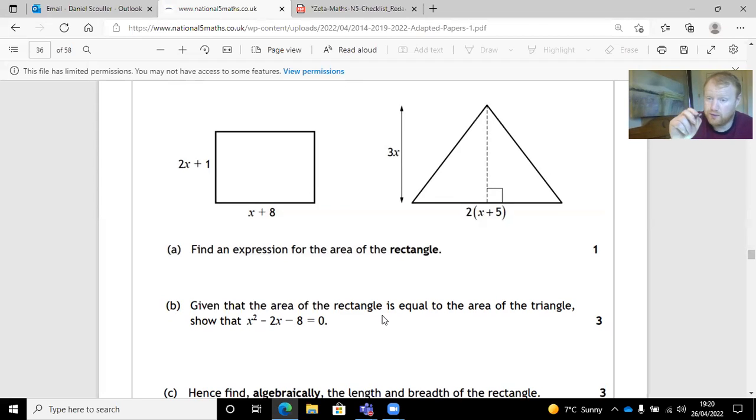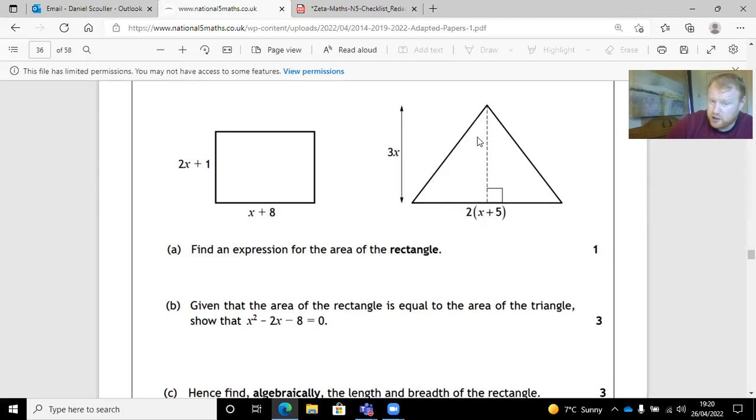Now the area of that triangle is just half the base times the height. Okay, now what they've done for you there, they've actually split this into two right angle triangles of equal size. So you could just create a rectangle out of that, if that makes sense.